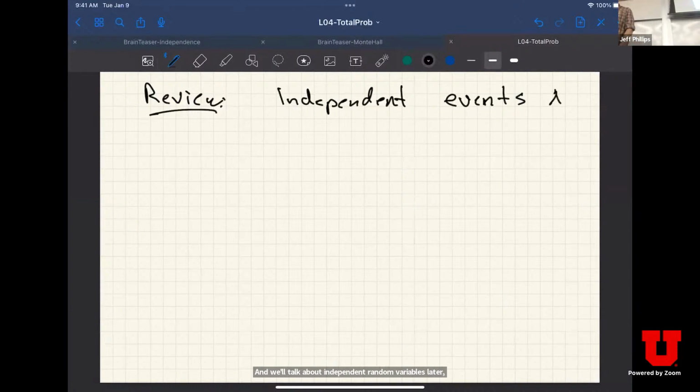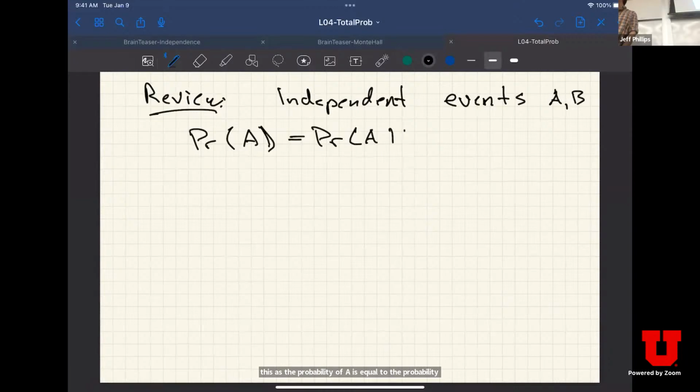Independent events A and B. You could write this as the probability of A is equal to the probability of A conditioned on B being true, right? So the knowledge of B being true does not affect the probability of A. That's a way of interpreting this.